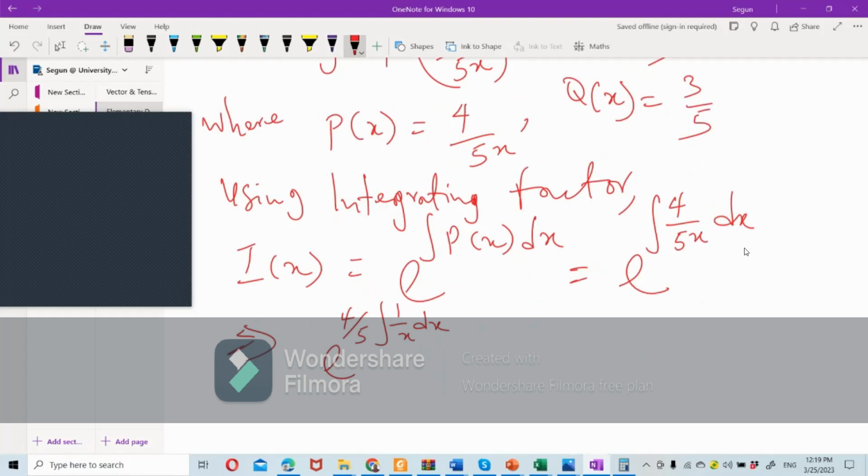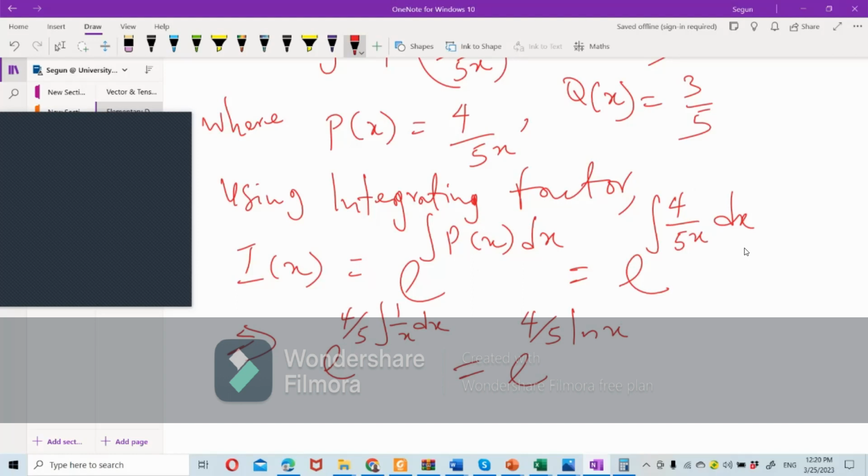You agree with me? Because it's actually the same thing. So if I integrate 1 over x, it will give me ln x. So I will have exponential 4 over 5 ln x.